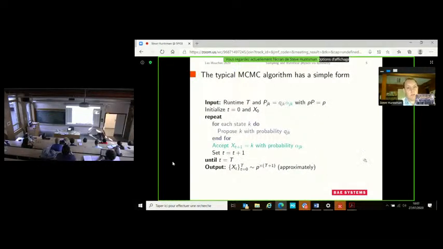In the typical algorithm, you pick a runtime because it's hard to tell when you've converged, and you build your transition probabilities. You initialize things and keep proposing, accepting, and moving on to the next step, and your output is a sequence of states that ought to approximate the target distribution.